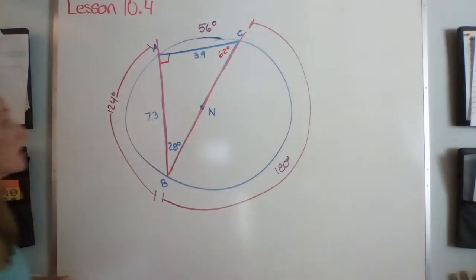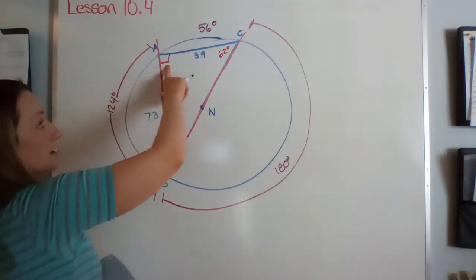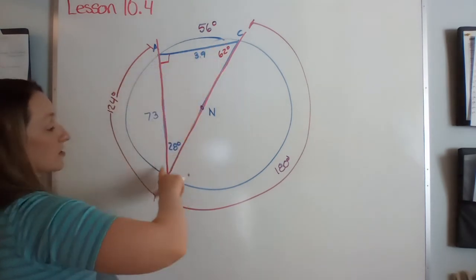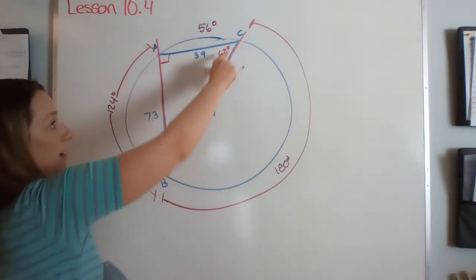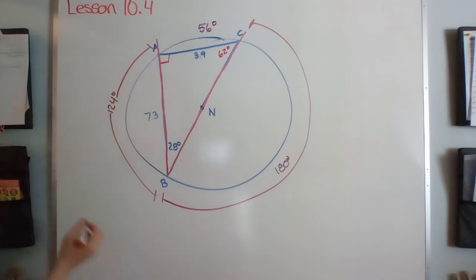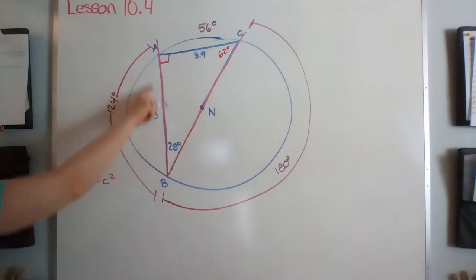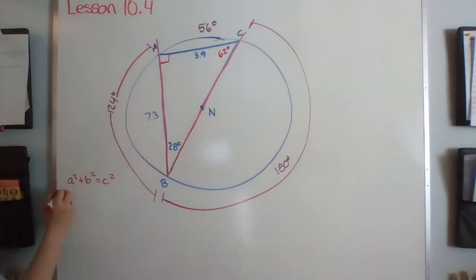Last thing I think I can figure out, because this is a right triangle, I could use the Pythagorean theorem to solve for the hypotenuse. So I'm going to do that off to the side here. So I have a squared plus b squared equals c squared. 7.3 squared plus 3.9 squared is equal to c squared.